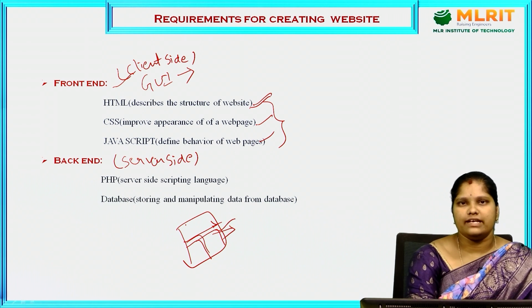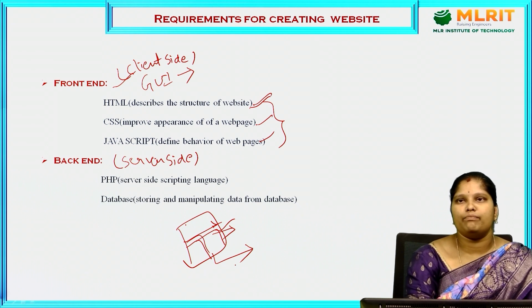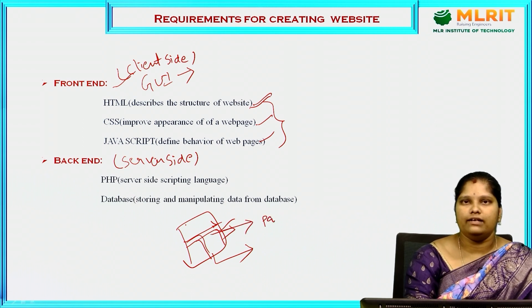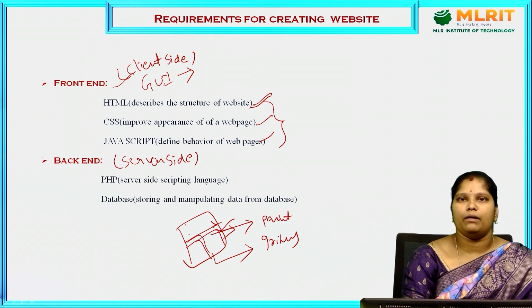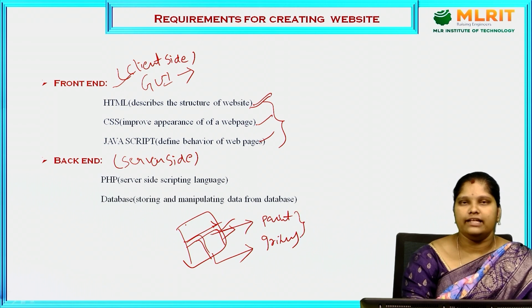And what is CSS? It improves the appearance of the web page, right? For this building we need to add paint and grills for improving the appearance, for looking good. We need to add all these.